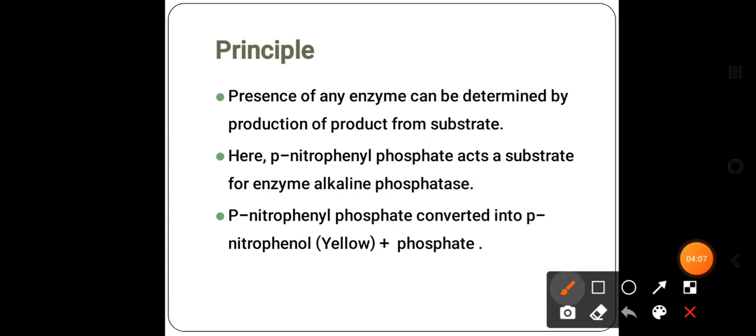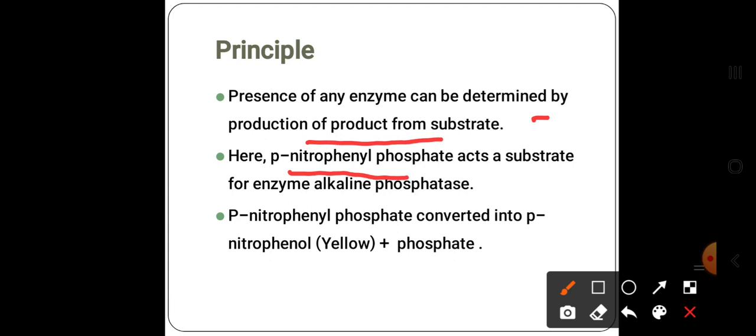The presence of an enzyme can be determined by the production of a product from a substrate. As the substrate for the enzyme alkaline phosphatase, we use para-nitrophenyl phosphate.